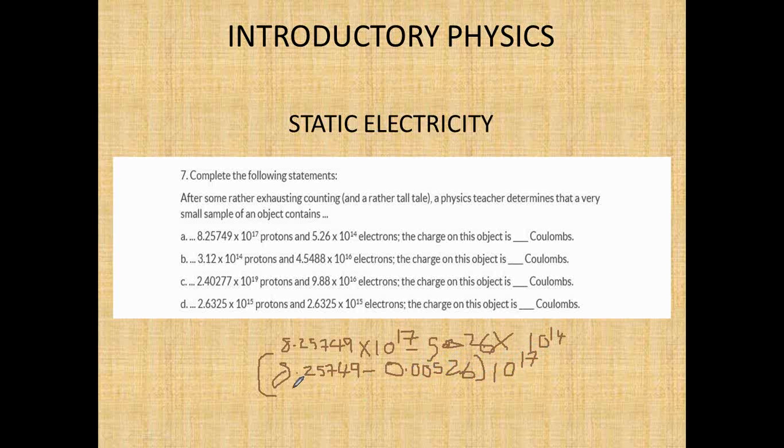So this is just addition, so you're going to add 0.25749. You have 2 zeros, then 526.